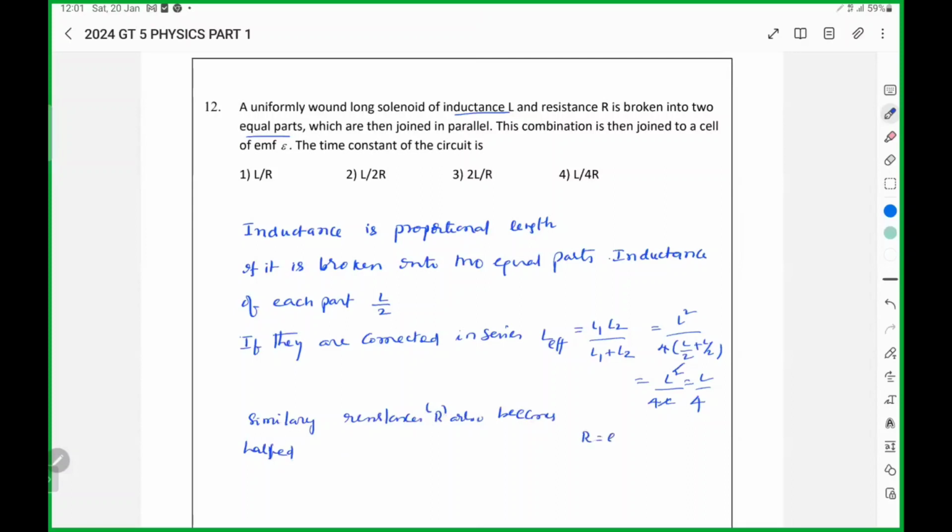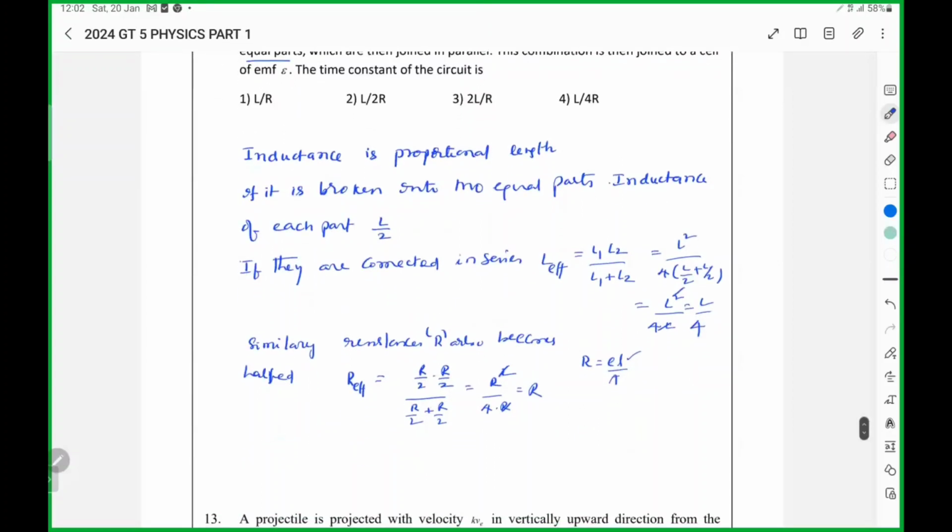So R here is, L is half, resistance becomes half. R effective will be, since they are connected in parallel, R by 4. Time constant is equal to L by R, that is L by 4 by R by 4.